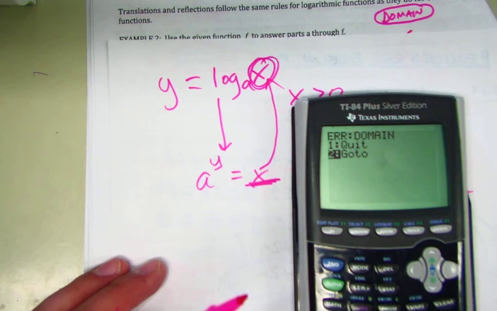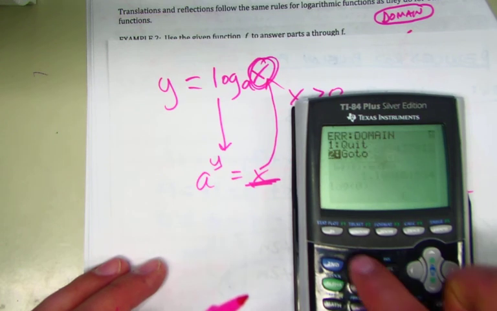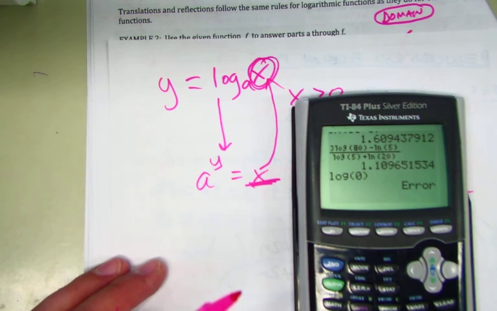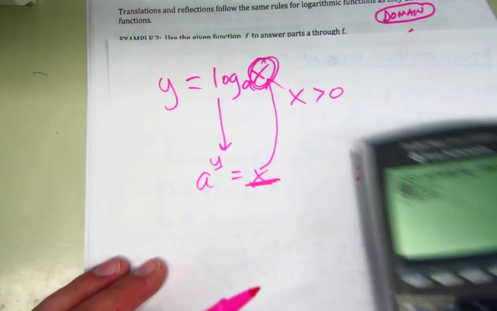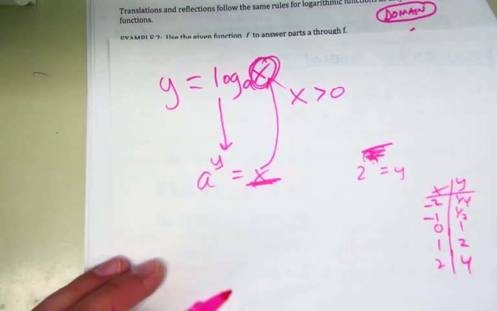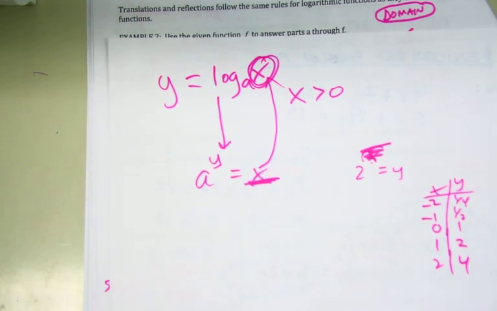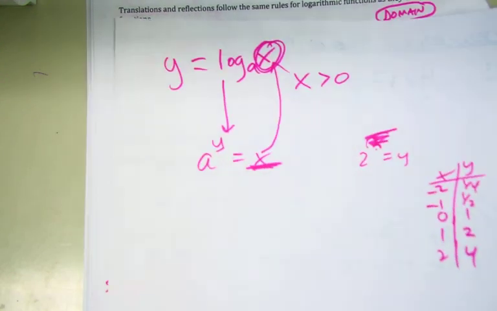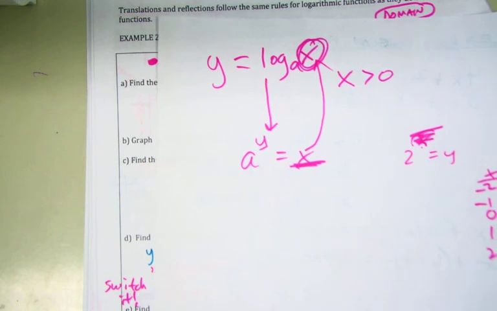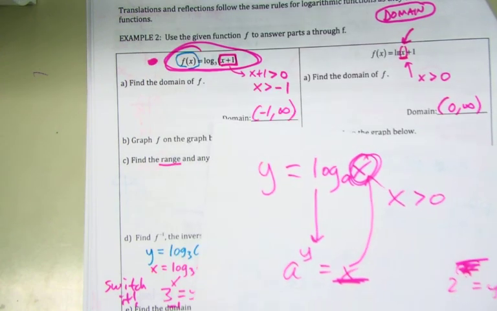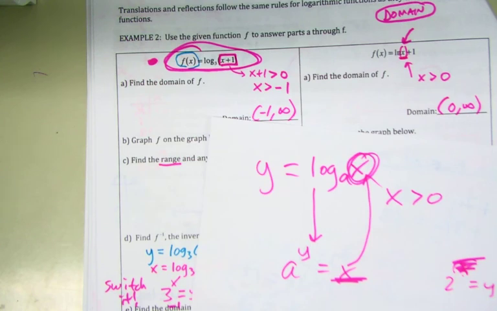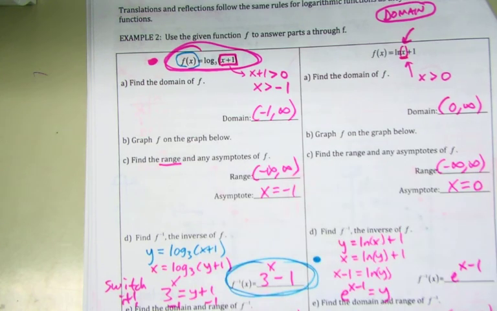You can't do the log of 0. That doesn't make any sense. Just like if you try to do square root of -2, your calculator says undefined. You can't do that. Same thing if you type in a negative. Non-real answer. Because you need to have that asymptote. And by definition, for exponential functions, we don't have negative bases ever. We just have positive ones. Okay?